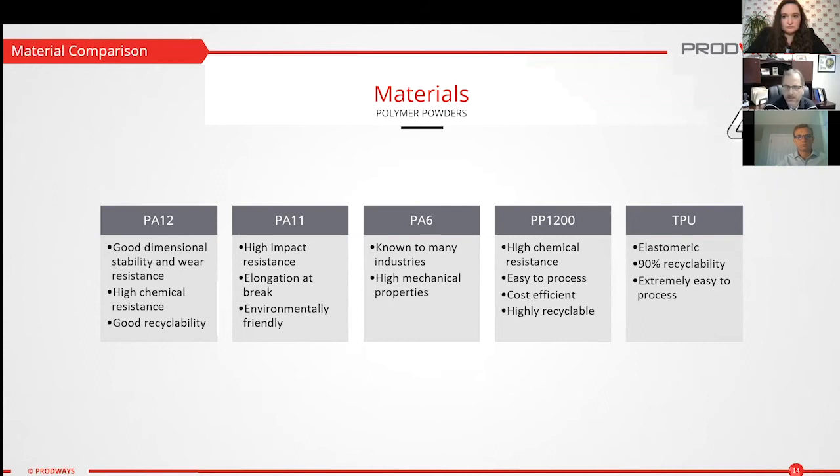Particle size, comparatively, is about 70 micron. So that affects surface finish a bit, but we've had very good luck with it and a lot of success. And finally, the TPU arena offers an elastomeric, a rubbery material. So this shows the diversity of the SLS technology, covers a lot of different materials.